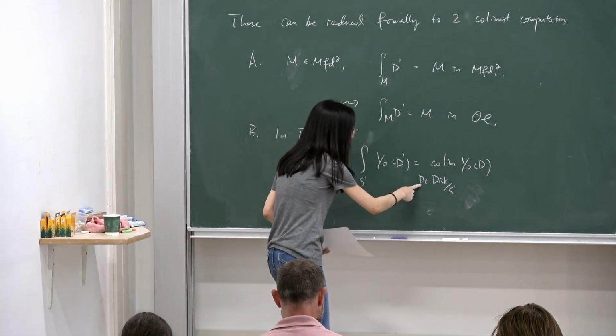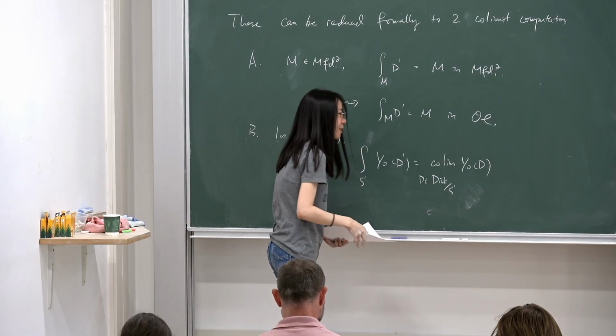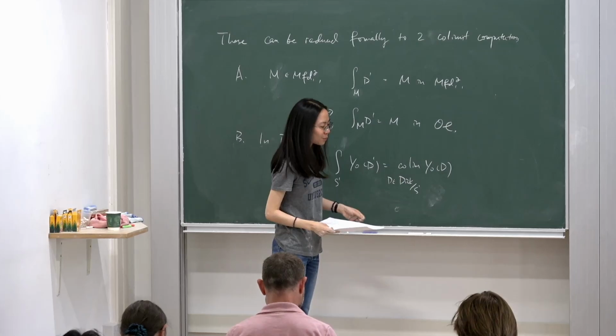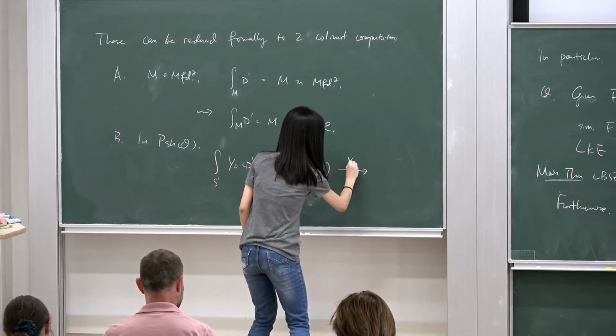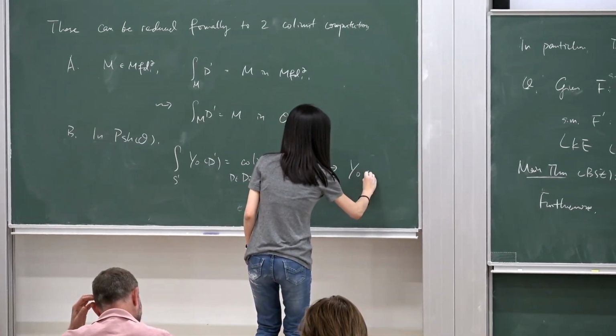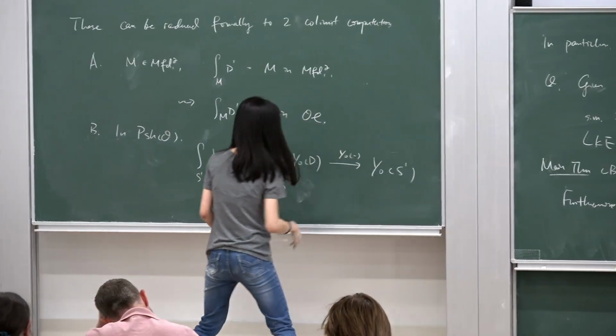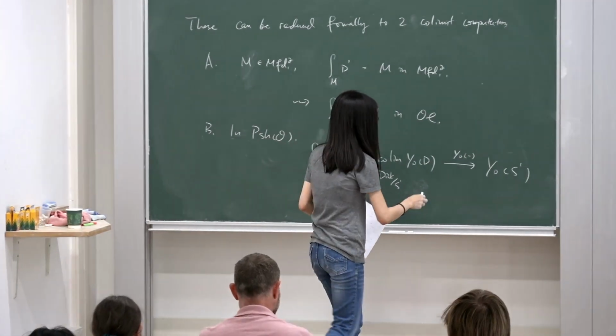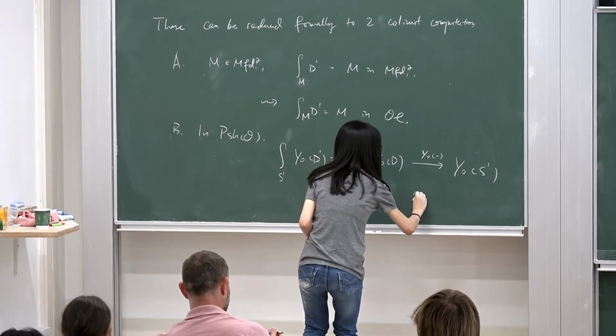And so to be an object here means that you are provided with data of a map to S1. So therefore you can map to rho of S1. And these maps are just given by data that's coming from the slice category. And the claim is that this is in fact an equivalence.